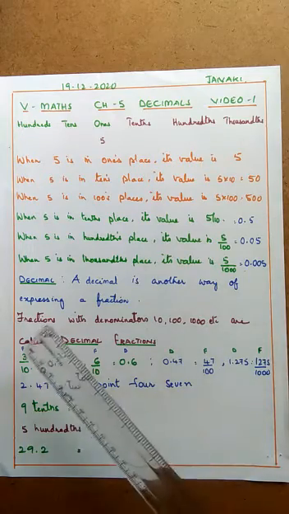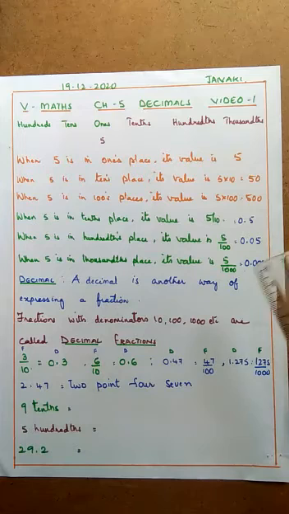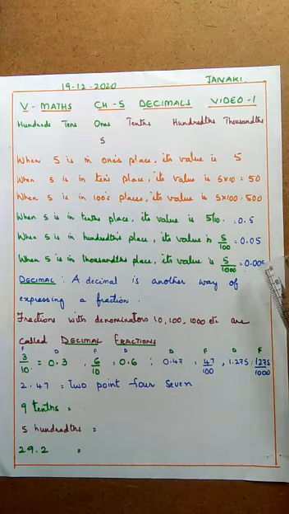So expressing a fraction in the form of point something, point 0 point something else, this way of expressing a fraction is called a decimal fraction.